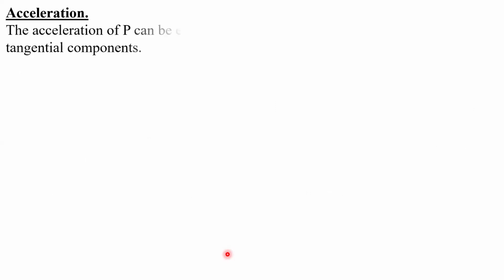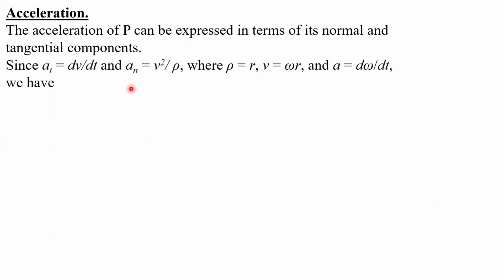Acceleration. The acceleration of P can be expressed in terms of its normal and tangential components. A subscript T, the tangential component of acceleration, is equal to dv/dt, and the normal component is v squared over rho, where rho is the radius.